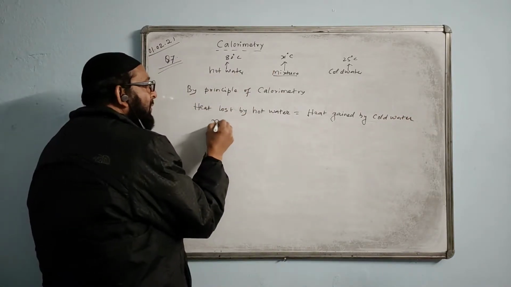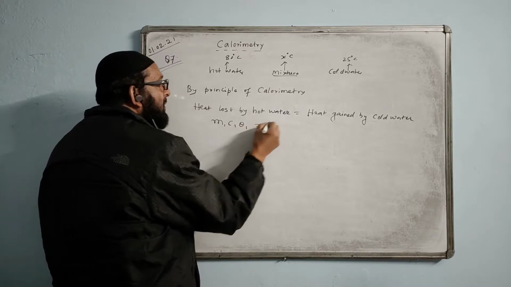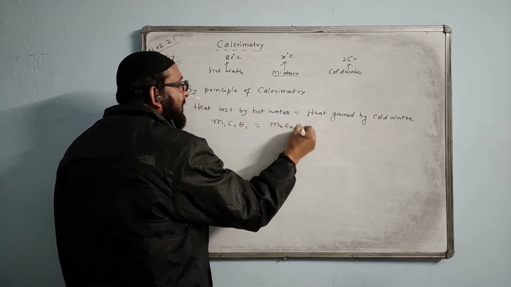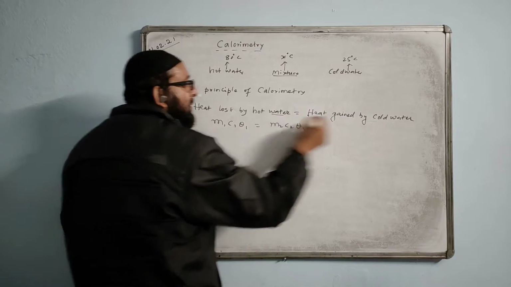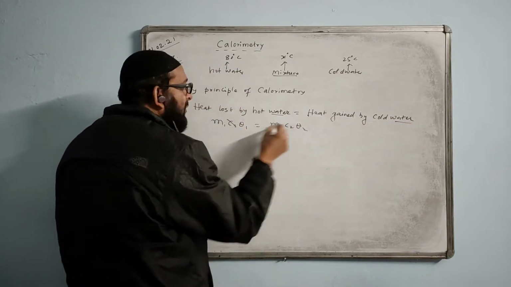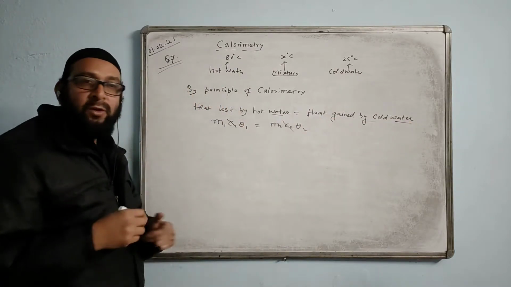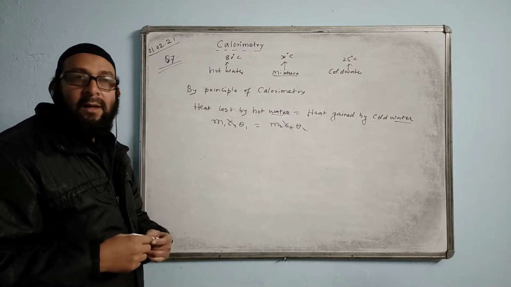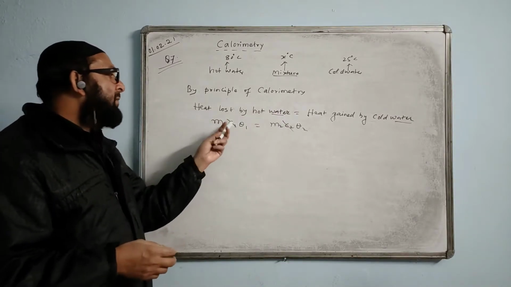Heat loss by hot water is given by the formula M1 C1 theta 1, and on this side M2 C2 theta 2. This is water, this is also water, the same thing. So C1 and C2 are the same, and you can cancel them because both sides have water only.